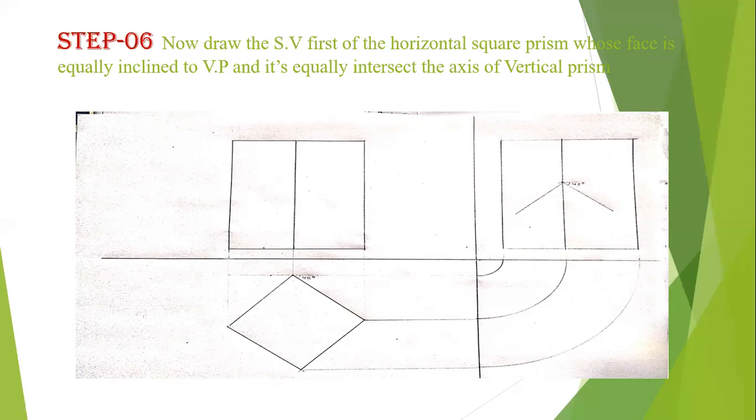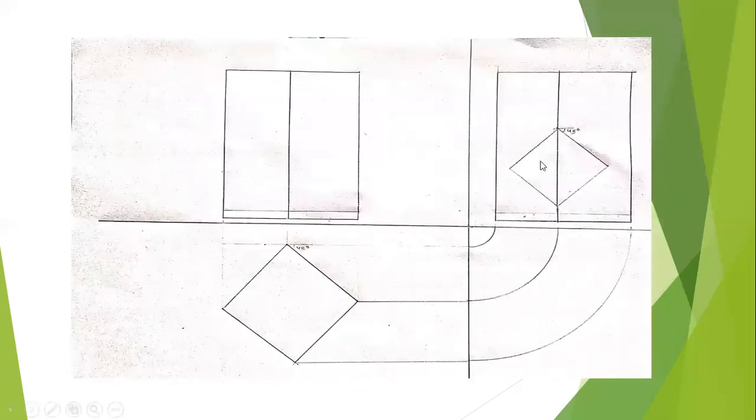That is why we have started to draw the side view of the horizontal prism first, and its faces are also inclined to the VP. So here I have drawn it at an angle of 45 degrees. This shows the side view of the horizontal prism.